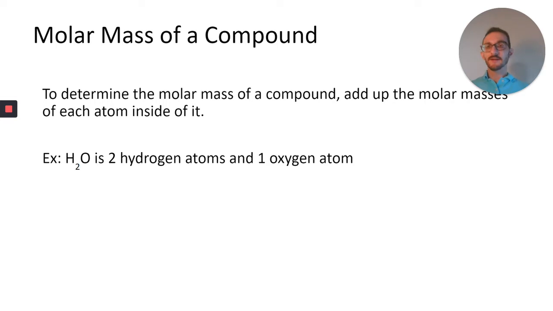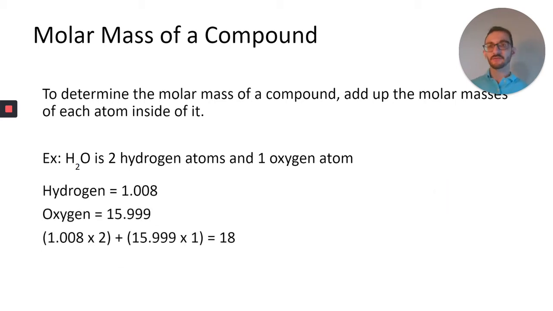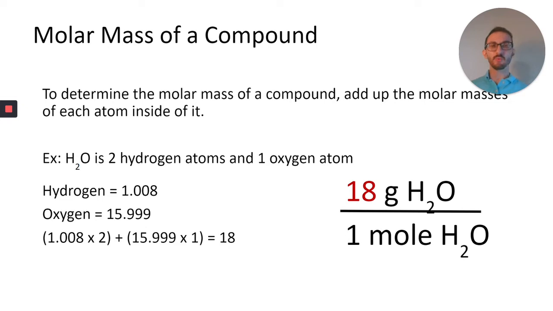So if we needed to know how many grams of water molecules we would need to have 1 mole of water molecules, we would add up hydrogen 1.008, we would add that up twice because it's H2, and then we would add oxygen, which is 15.999 or 16.00, depending on which periodic table you're looking at, and that would get us to about 18 grams of water in order to have 1 mole of water molecules.